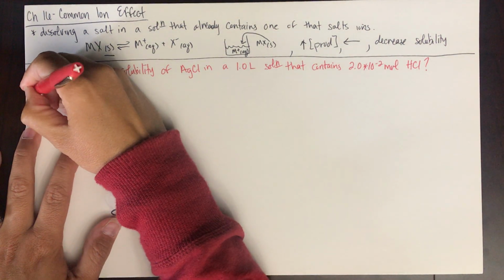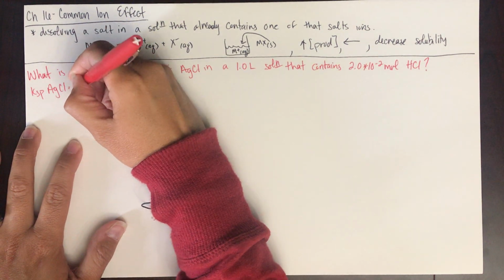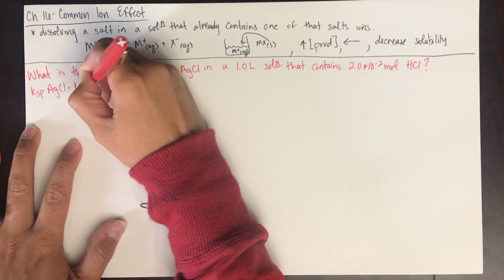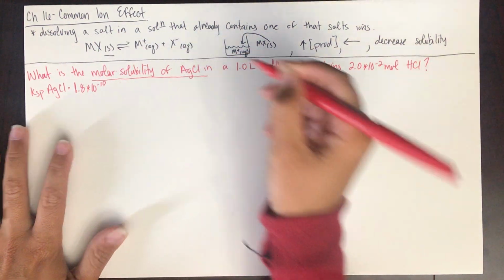The Ksp of silver 1 chloride is 1.8 times 10 to the negative 10. So we're solving for the molar solubility of silver 1 chloride.